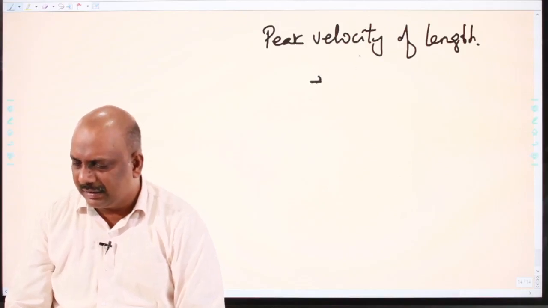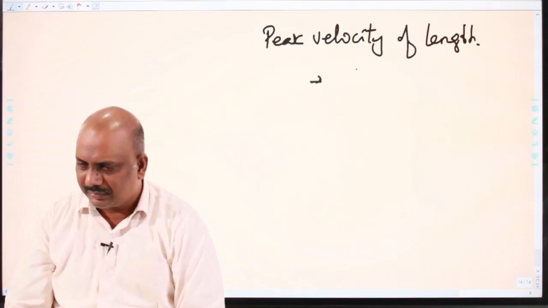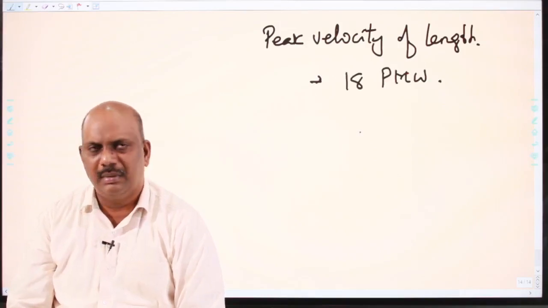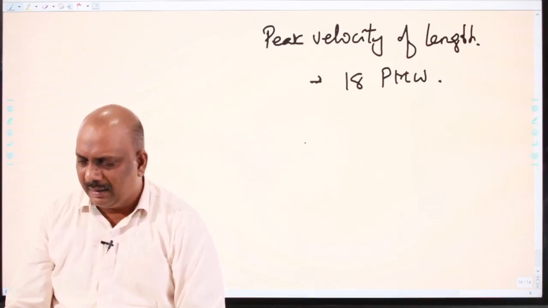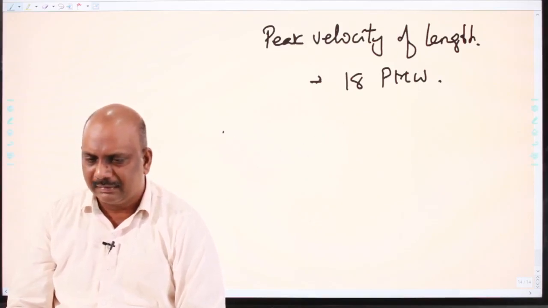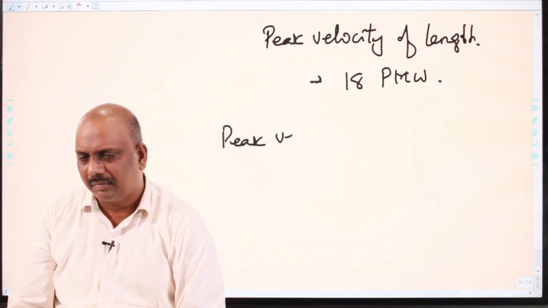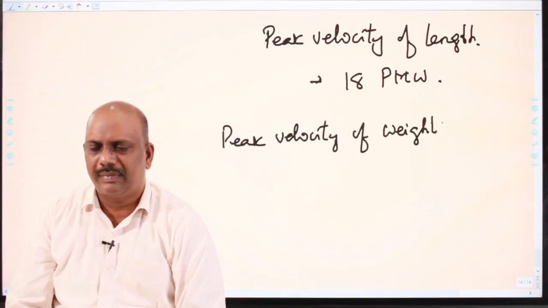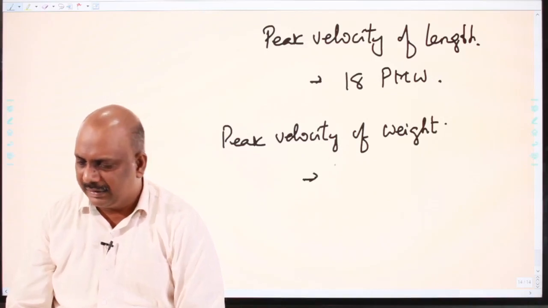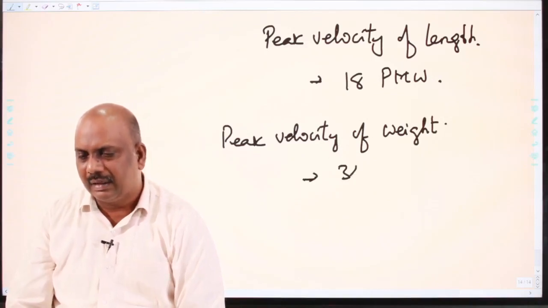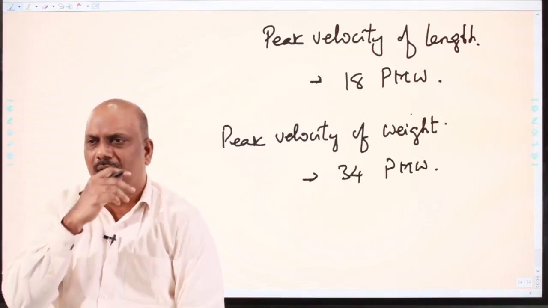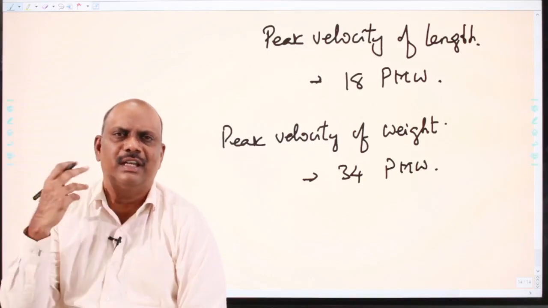Peak velocity of length occurs at 18 PMW, post-menstrual week, and peak velocity of weight occurs at 34 post-menstrual week.